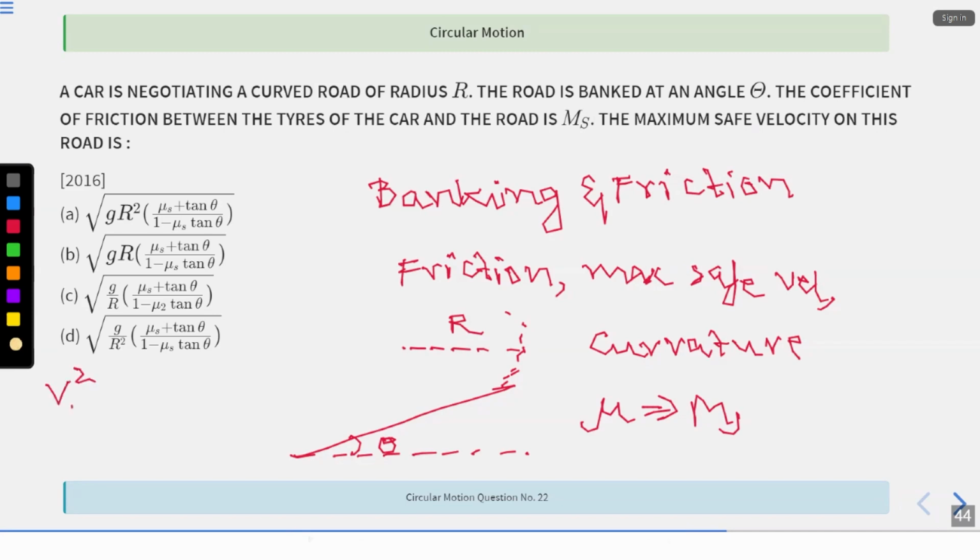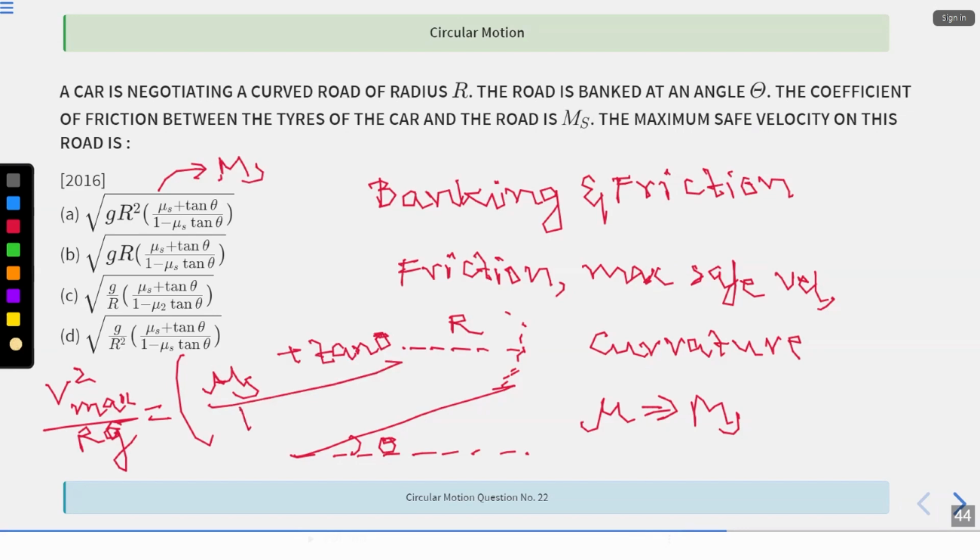v squared max by rg. This is the formula that we've learned, right? That is equal to, always, mu s. So basically ms is nothing but mu s, okay? Mu s plus tan theta by 1 minus mu s tan theta, okay?